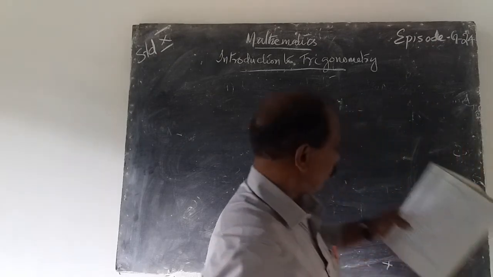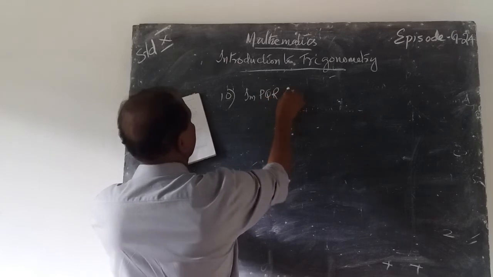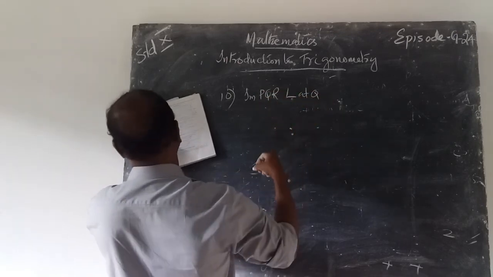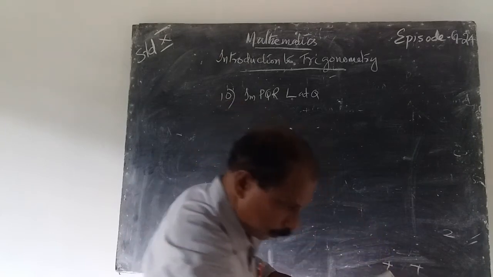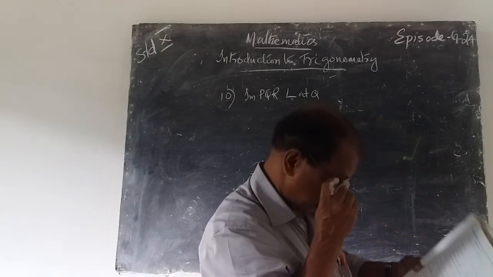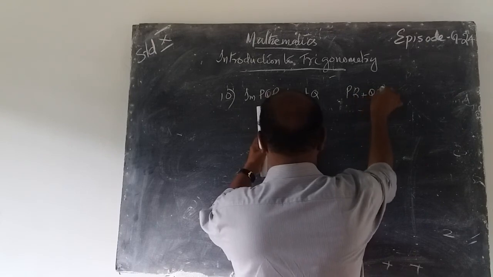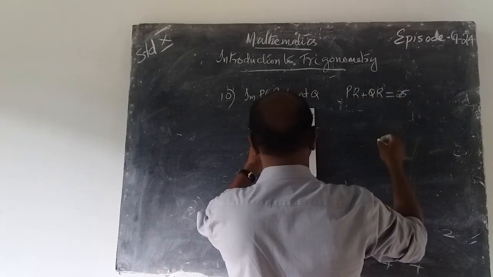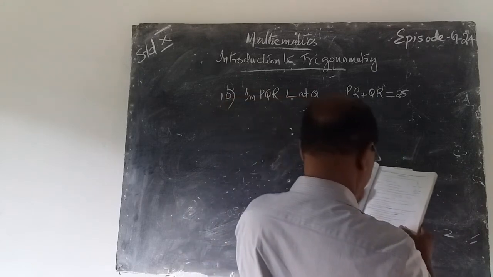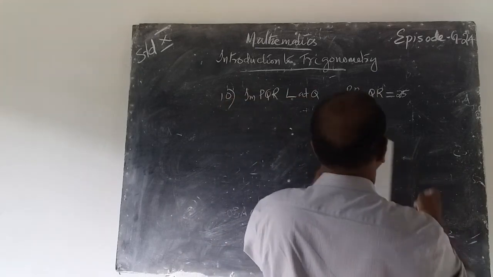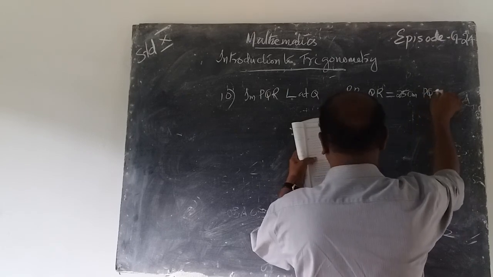Then next question, question number 10. In triangle PQR, right angle at Q. PR plus QR is equal to 25 centimeter and PQ is equal to 5 centimeter.